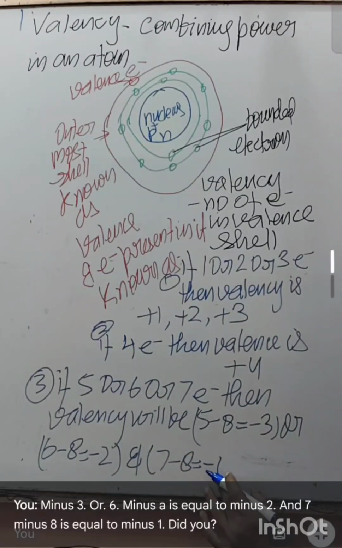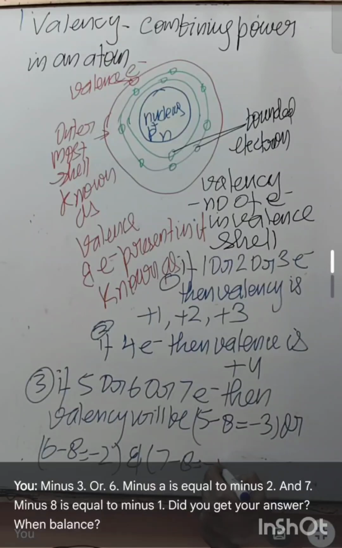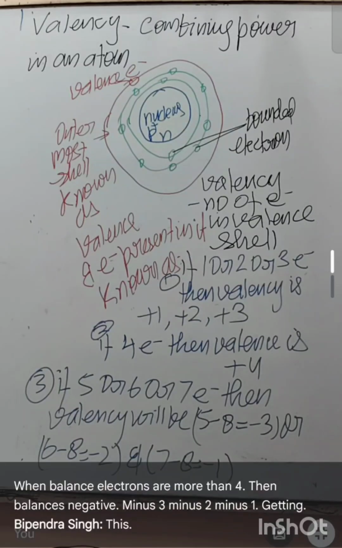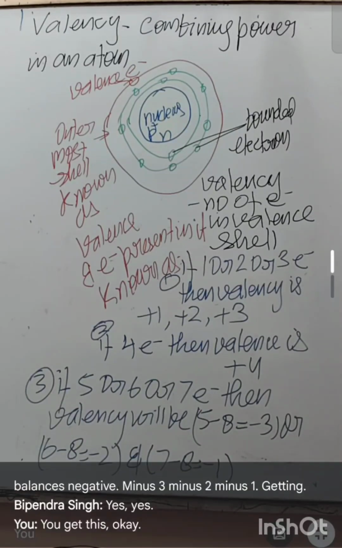Did you get your answer? Yes, sir. When valence electrons are more than 4, then valency is negative. Minus 3, minus 2, minus 1. You get this. Okay.